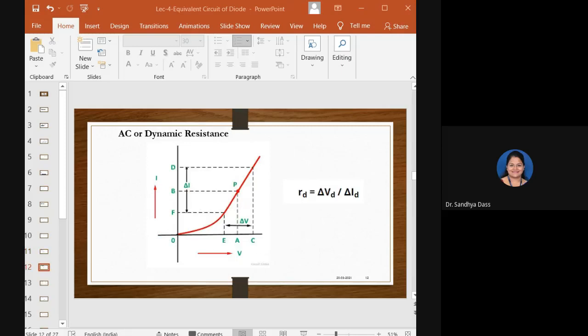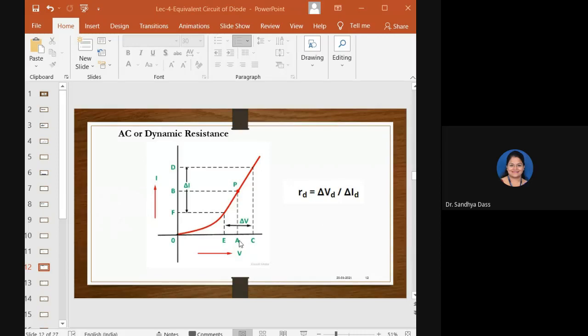Okay. What about dynamic resistance or the AC resistance? Dynamic resistance is the resistance offered by the PN junction when the AC voltage is applied. Whenever we have an AC circuit where the applied source is an AC source, then the diode will have a forward bias voltage which is an AC voltage applied to the diode.